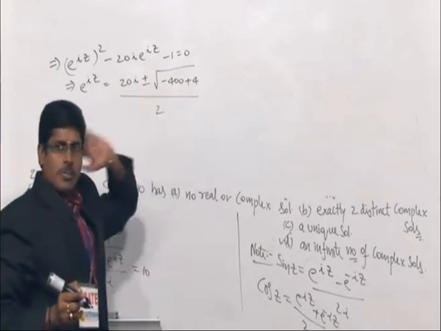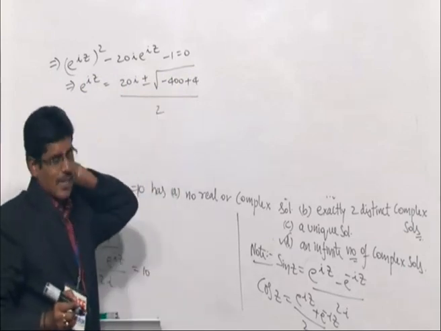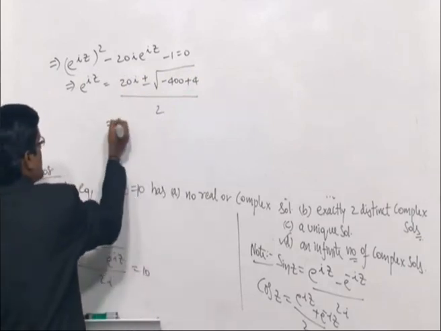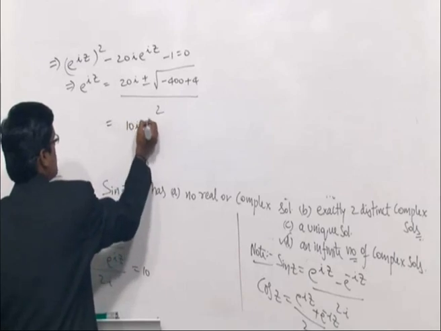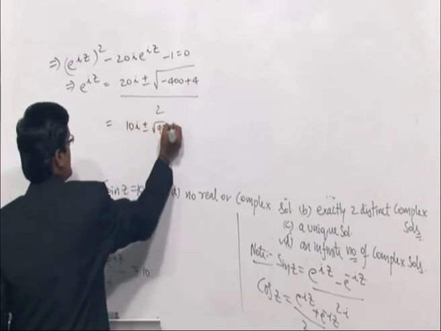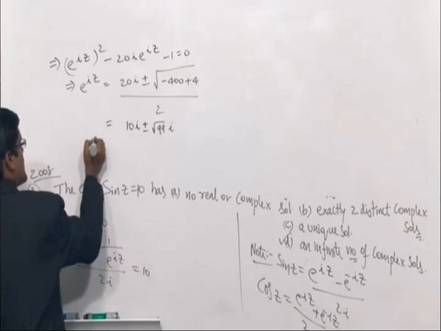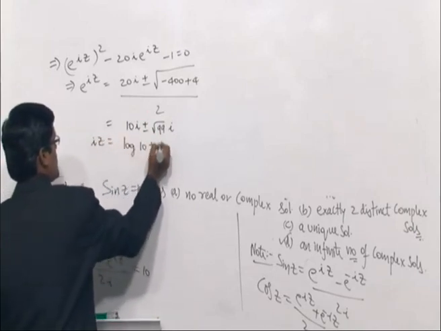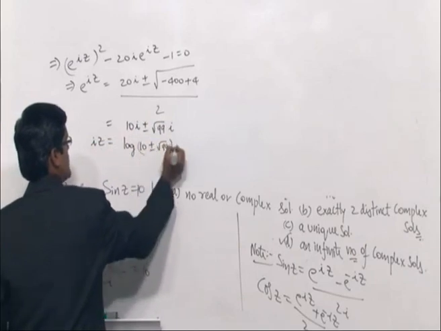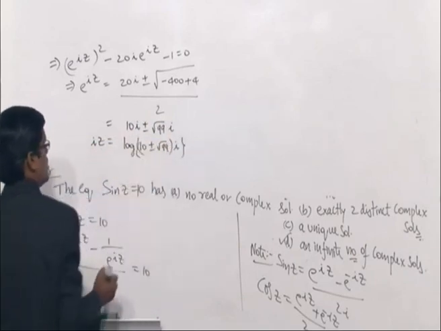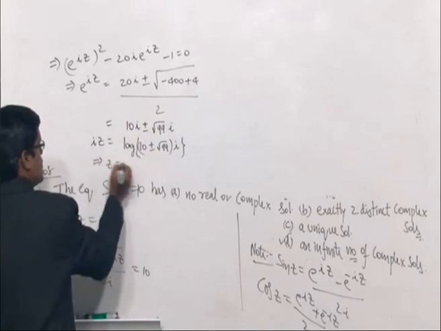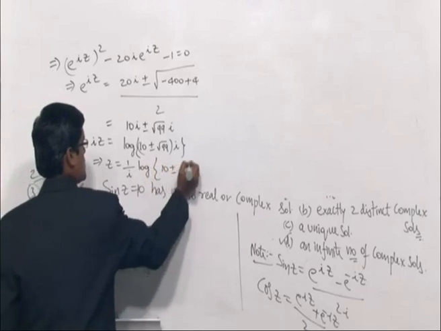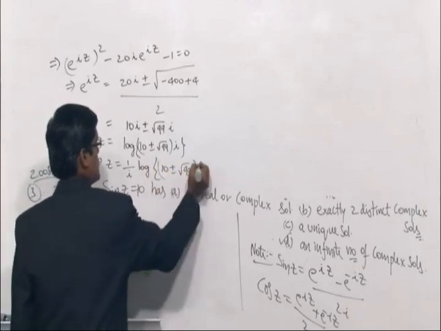So minus 400 plus 4 means minus 396, that means root minus 1 giving i. 396 can be written as 4 into 99, so 2 root 99. After that 2 cancelled, which becomes 10i plus or minus root 99 i. So taking logarithms, iz is equal to logarithm of 10 plus or minus root 99 i, which implies z is equal to 1 over i logarithm of 10 plus or minus root 99 i.